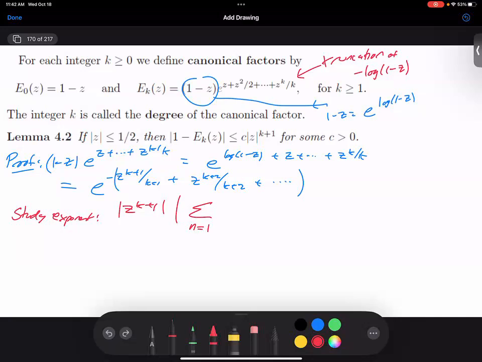I'll do n goes from 0 to infinity, and I'll have absolute value of z to the n over n plus k plus 1. Now let's look. When I take n equals 0, I'm going to get 1 over k plus 1. Good, that's the coefficient of the first piece. Then when I take n equals 1, I'm going to get z to the first power. Good, when I multiply that, that's going to be z to the k plus 2 over k plus 2.